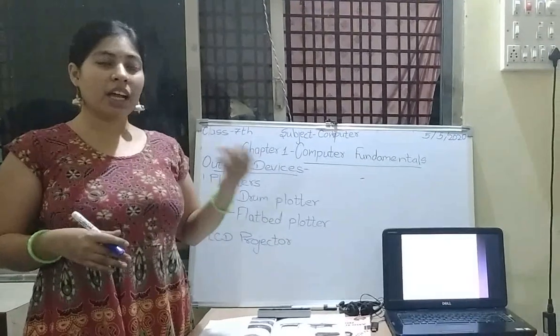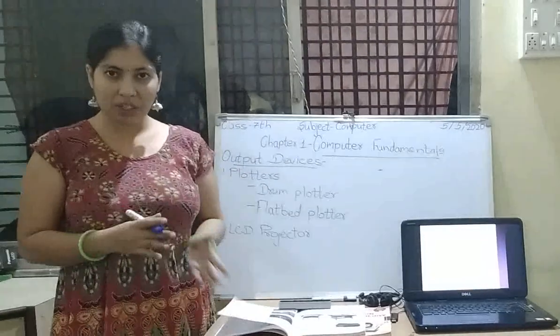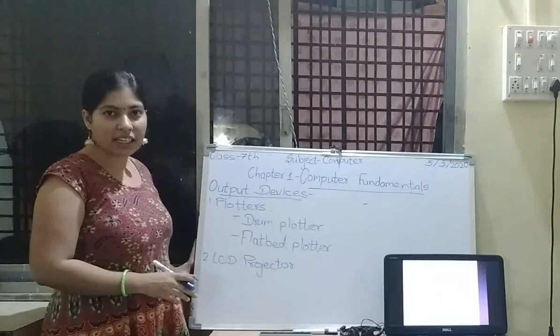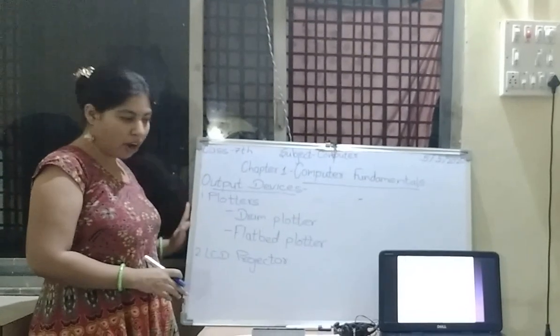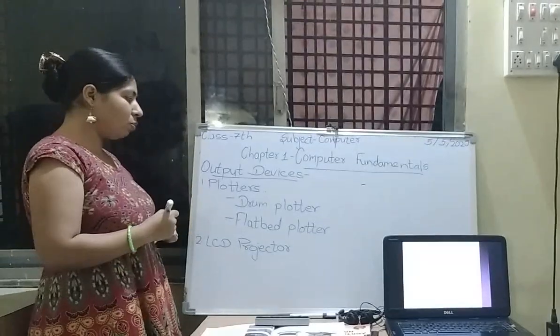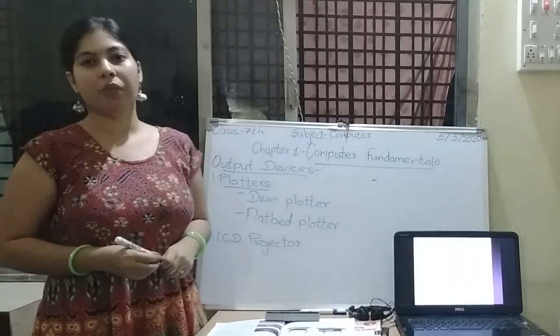Now there are some more output devices which are different from these devices, like plotter and LCD projector. So these 2 points we are going to study in the output devices. From that, the first point is a plotter. Now what is a plotter?